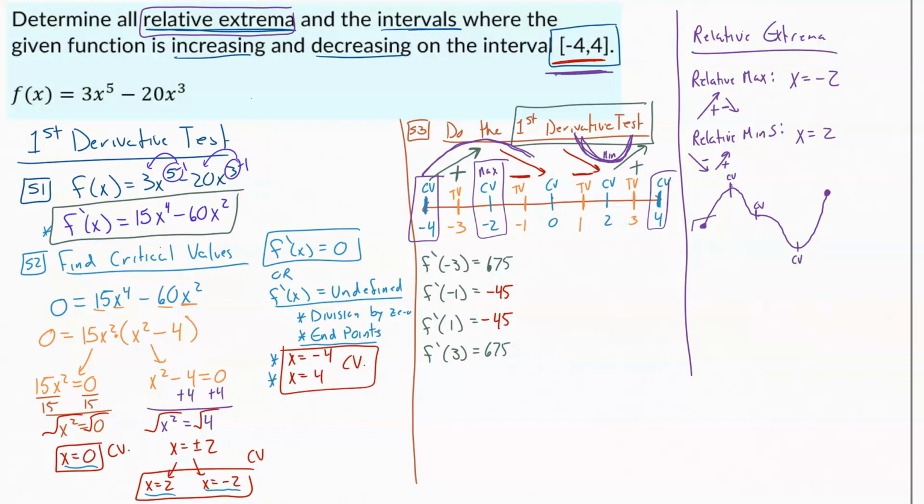But at these endpoints here at x equals -4 and x equals 4, we have to consider what is the behavior there. Remember that relative maxes and mins, local maxes and mins, are only saying that you are the largest or the smallest y value in your little area. So if I look at x equals -4 on my sketch, I can see that at -4, this is the smallest point in its little neighborhood.